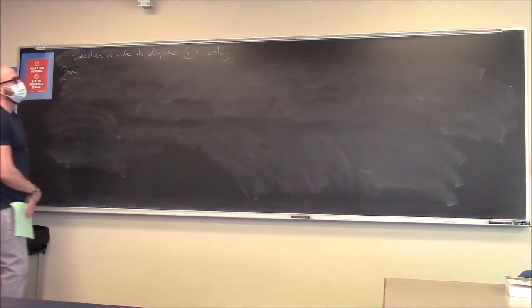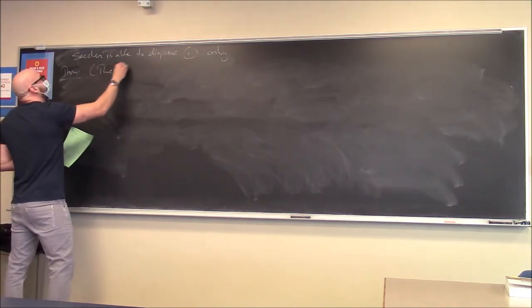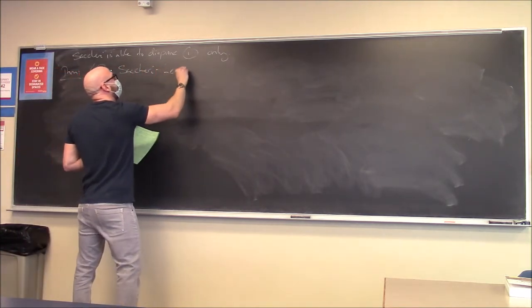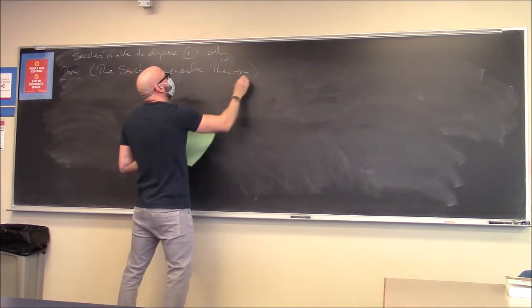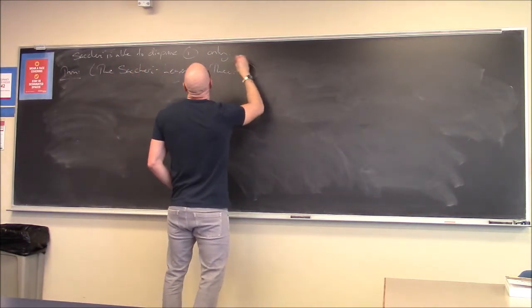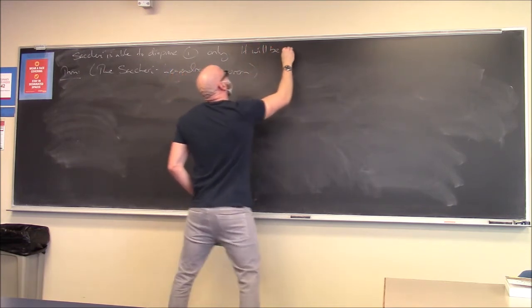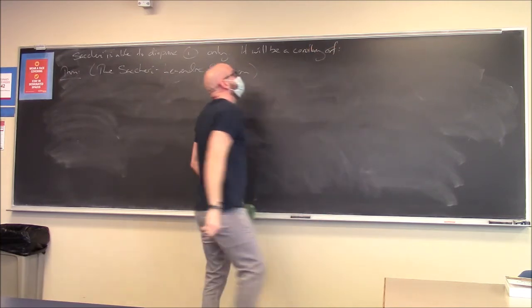So the theorem is now the Saccheri-Legendre theorem. In fact, let's write this up here. Saccheri is able to disprove one only. It will be a corollary, an immediate corollary of the following theorem.